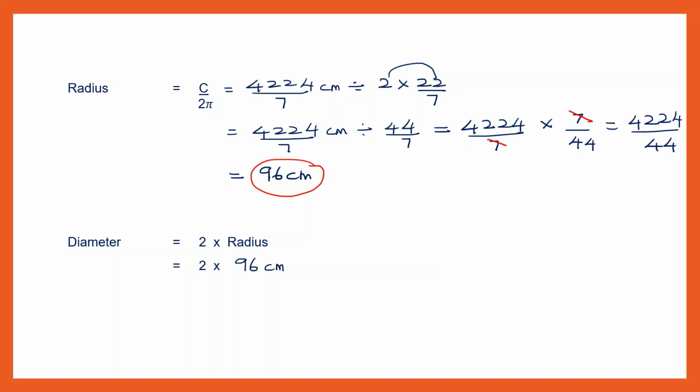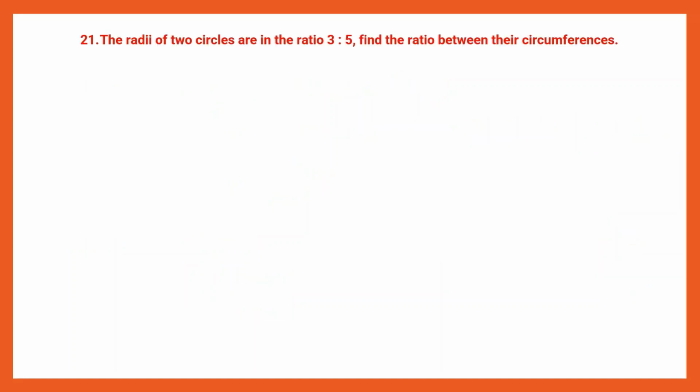So let's multiply 96 into 2 and see what we get. 2 6s are 12, carry 1. 2 9s are 18 plus 1, 19. So we've got the diameter as 192 centimeters. So this is our answer. Diameter is 192 centimeters.